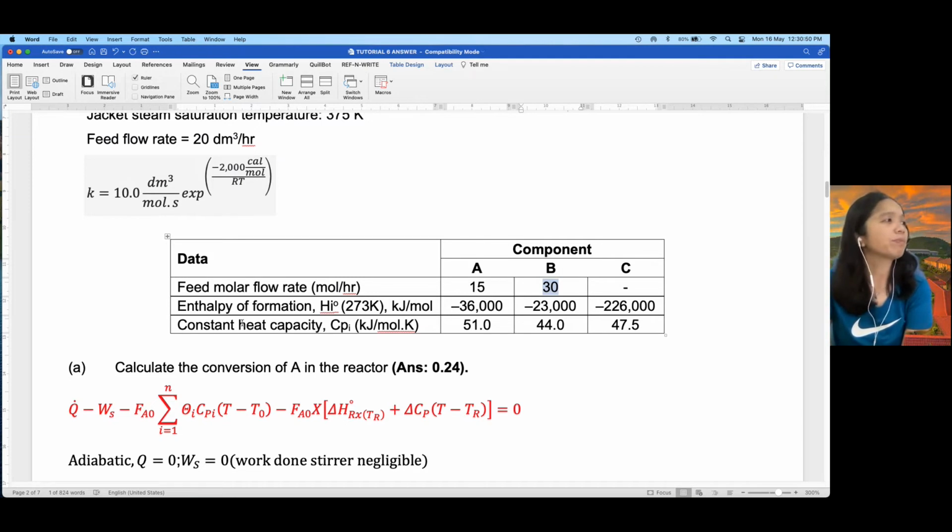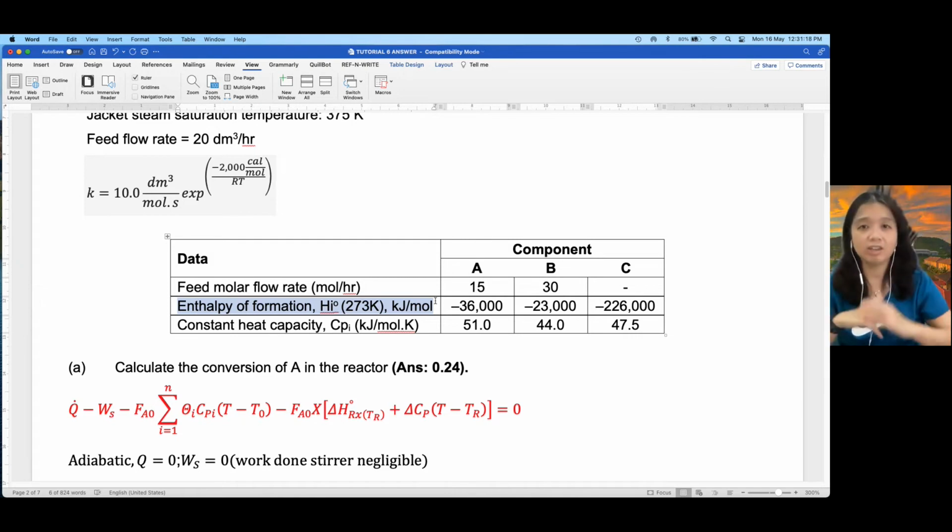Next one, they give us the enthalpy of formation: enthalpy of formation of A, of B, and of C. You should know, right? This enthalpy of formation will be used to calculate the heat of reaction. As opposed to question number 1, where they gave us the heat of reaction directly so you could use it directly, in this question you are no longer given it directly.